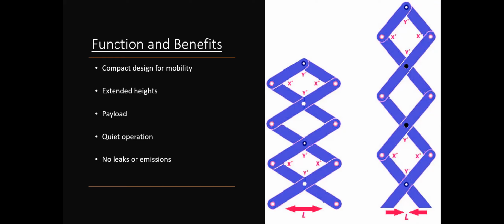So if you're considering an average height of a worker, they'll be able to operate at 55 to 56 feet. And of course, once you consider payload, that's another benefit. A ladder user is going to have to carry all of their supplies up, but the payload of a scissor lift can range anywhere from 500 to 1,500 pounds.